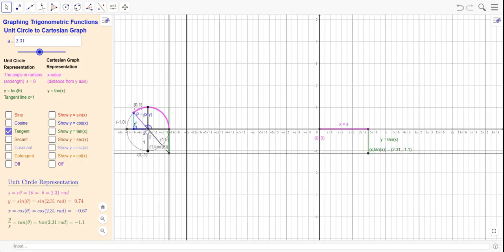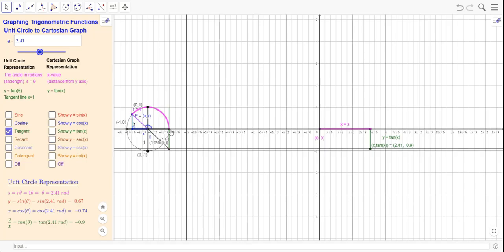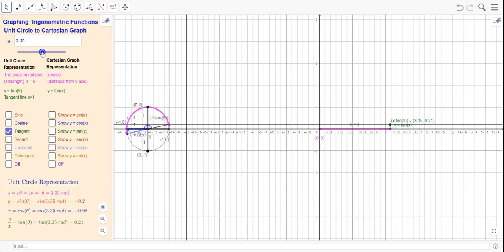Notice that when you look at this reference triangle and this one here, they share the vertical angle right there. So they're going to be the same value, and we get the correct positive negative sign because in this quadrant, tangent is negative, and that does give us a point down here that we can bring across. And so notice that in this quadrant, we get this length, but down in the negatives. And then once we get to right at pi, we're back at 0.